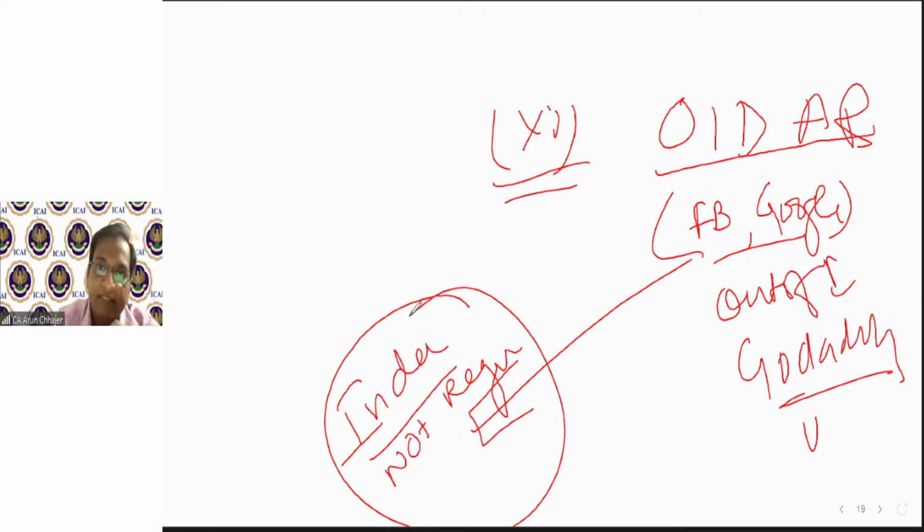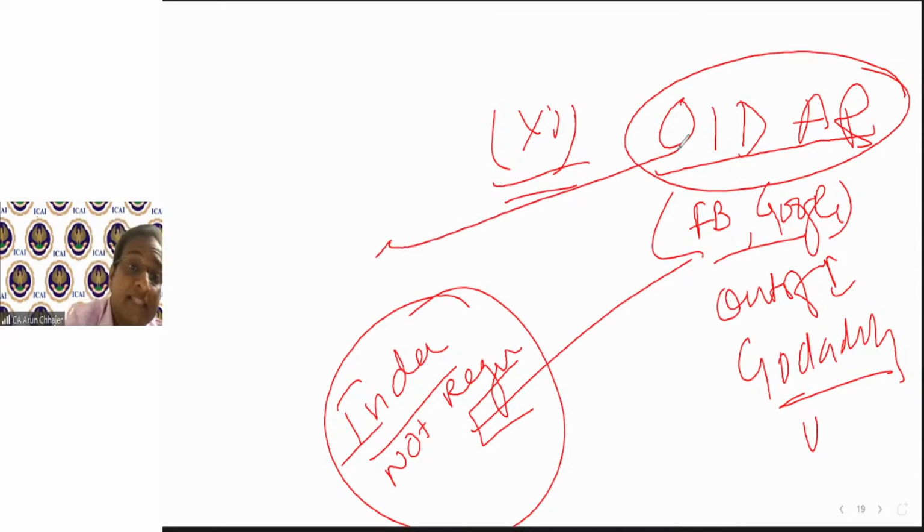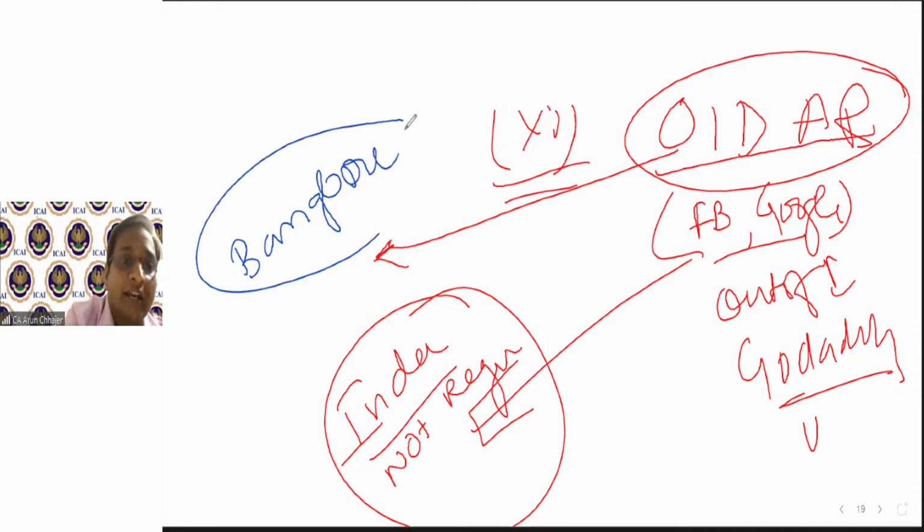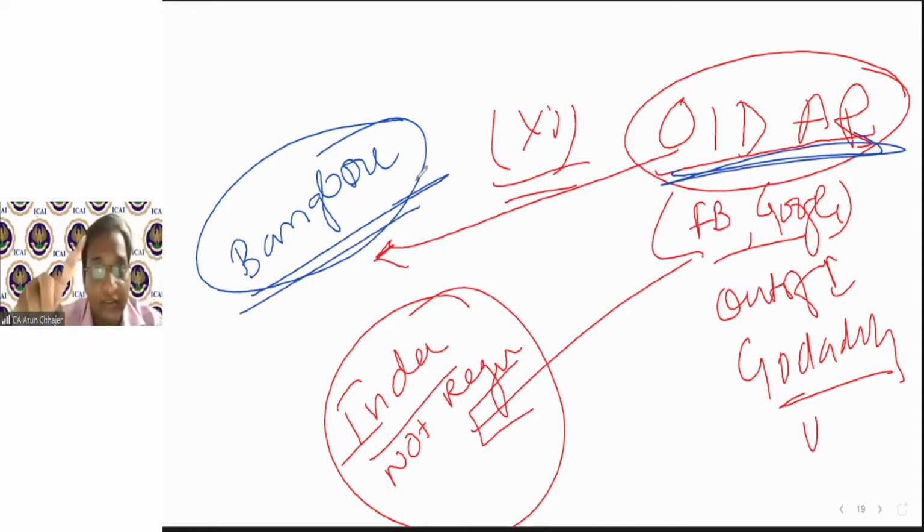In that case, clause 11 says such OIDAR company has to take compulsory registration in GST, Indian GST. Government has fixed the location of Bangalore for all such OIDAR. Centralized registration in GST, OIDAR is covered under the concept of centralized registration.